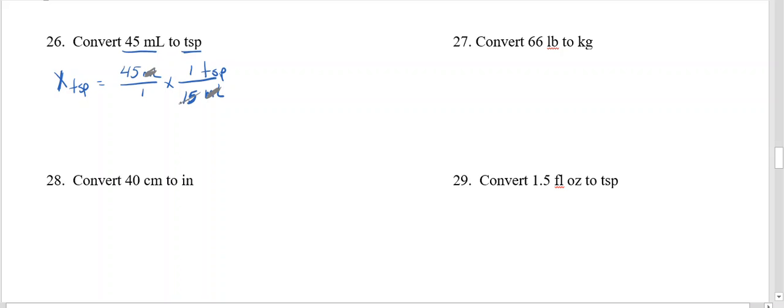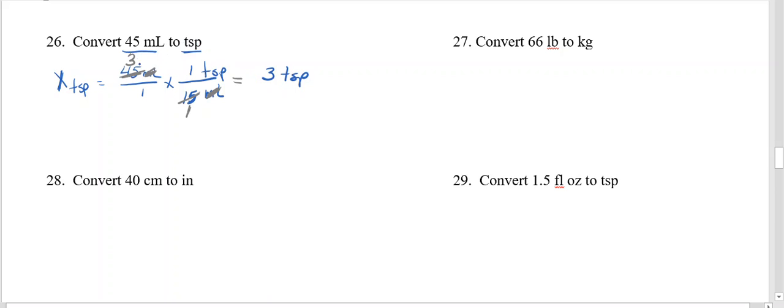So 15 goes into 15 one time, and 15 goes into 45 3 times. So now all I have to do is multiply 3 times 1 and I get 3. And I have 1 times 1 on the bottom, so I don't have to worry about that. So I have 3 teaspoons in 45 milliliters. So that's my answer.